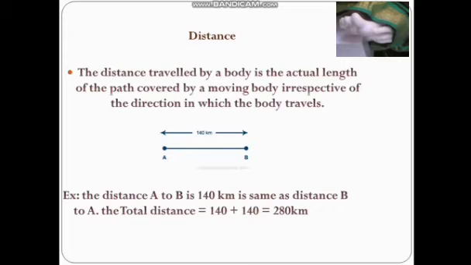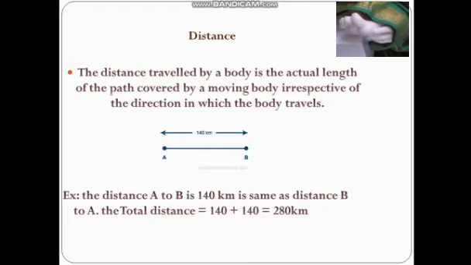So, we can define distance as the actual length of the path covered by a moving body irrespective of its direction. The distance is always positive. The distance covered by a moving body is never zero.